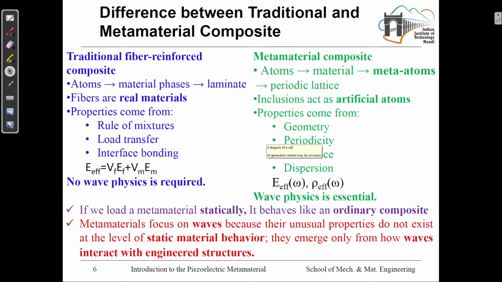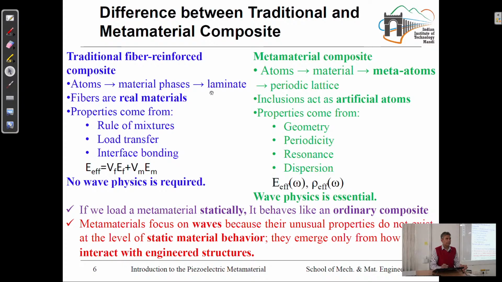The difference between traditional and metamaterial composites: as I told in the beginning, metamaterials are composites, but they have some differences from traditional composite materials. In a traditional fiber reinforced composite, we have atoms, then the material phase, and then we can have a laminate for structural purposes. So fibers are real materials.